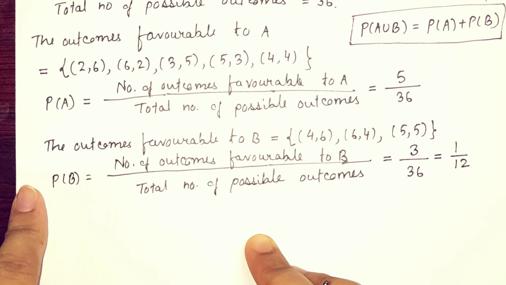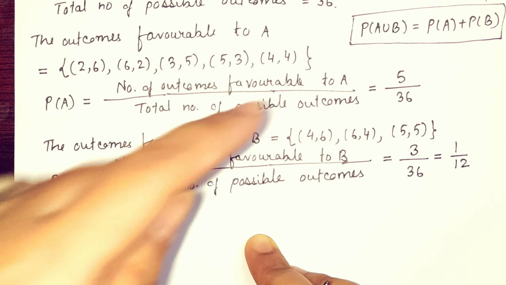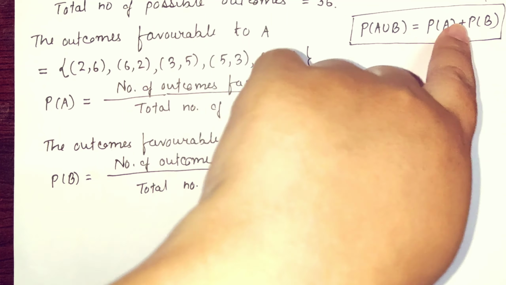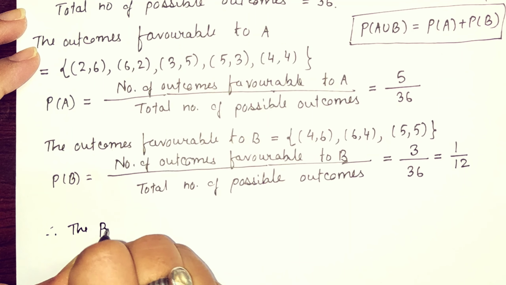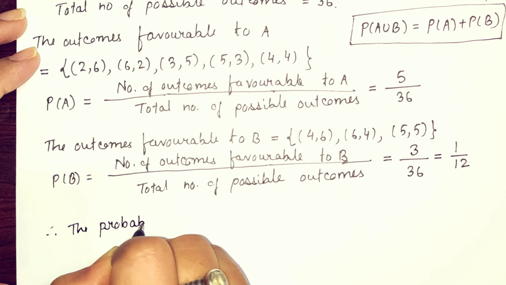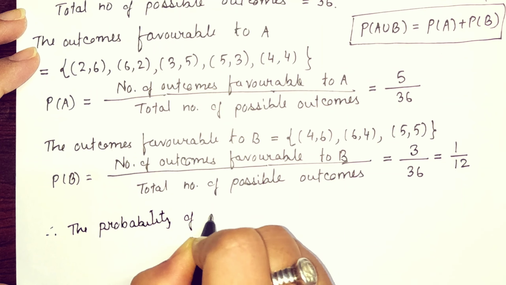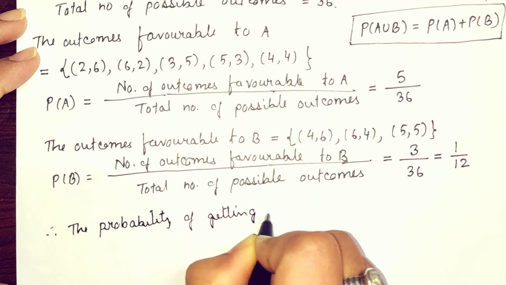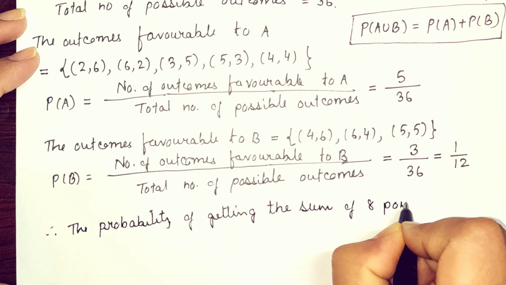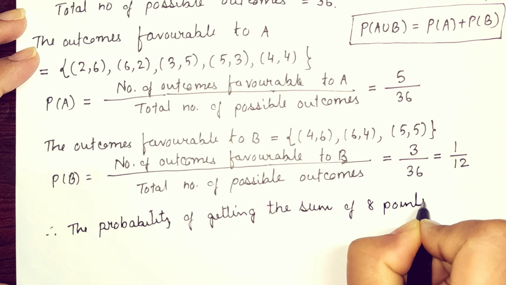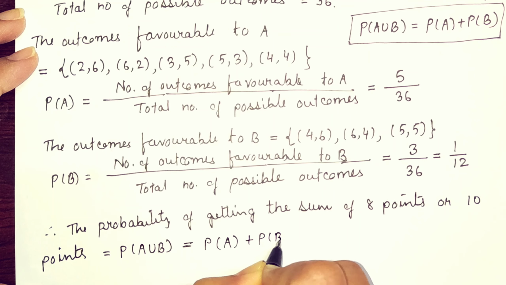Since A and B are mutually exclusive events, therefore we can write P(A union B) equal to P(A) plus P(B). Therefore, the probability of getting the sum of 8 points or 10 points we can denote by P(A union B), and the formula is P(A) plus P(B).